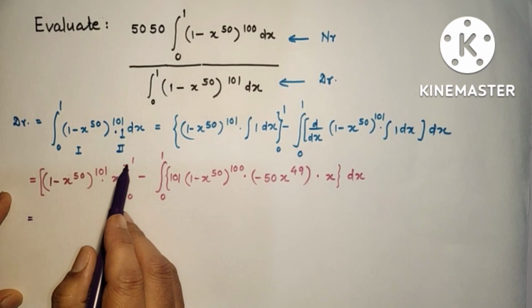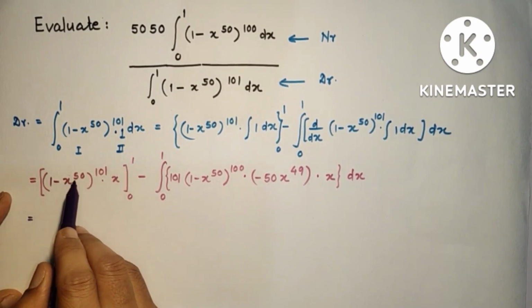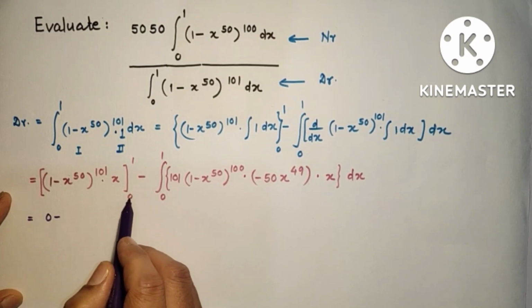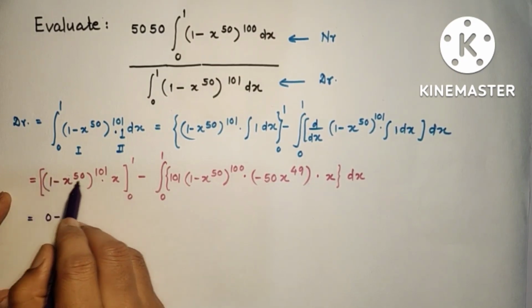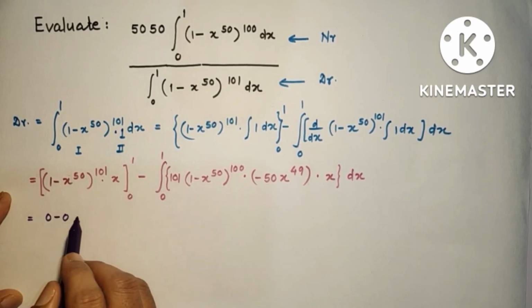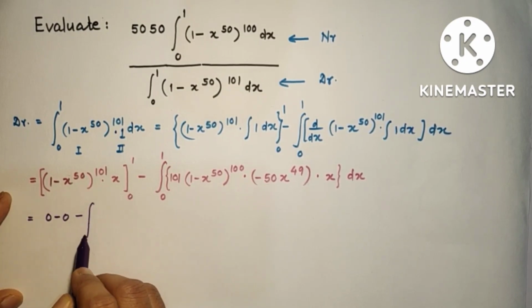We will get, after putting x as 1, 1 minus 1 is 0, 0 into anything is 0, so 0 minus 0, and if we put x as 0, then this into 0 is 0. So this becomes 0 fully, and minus integral from 0 to 1.